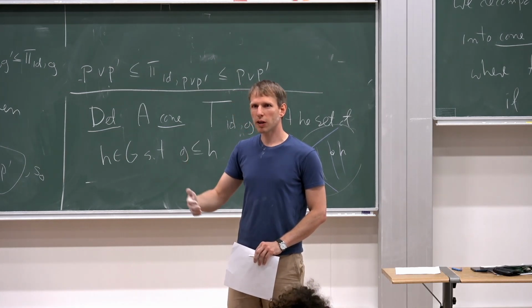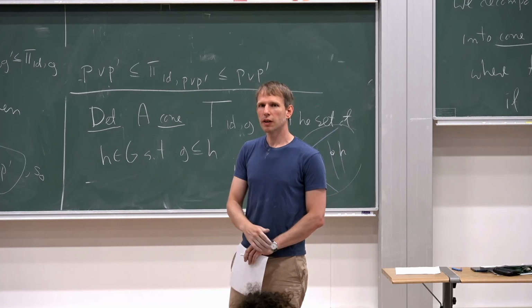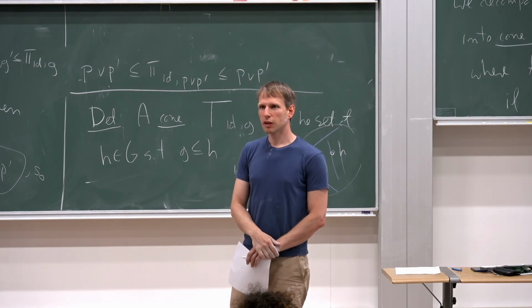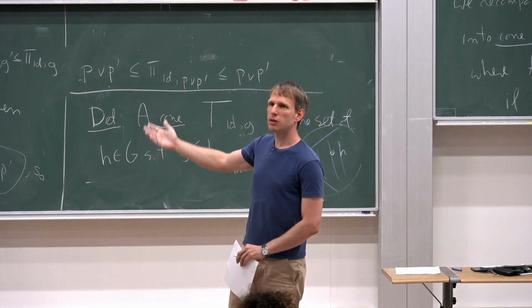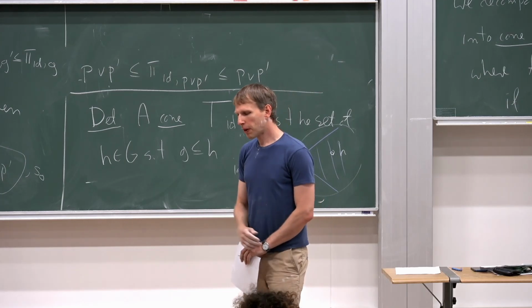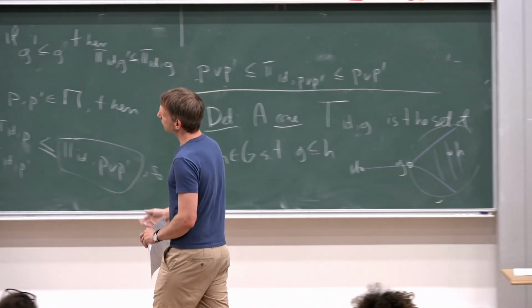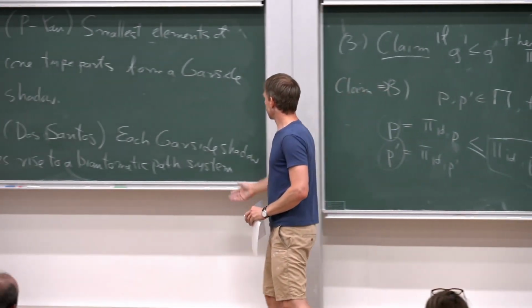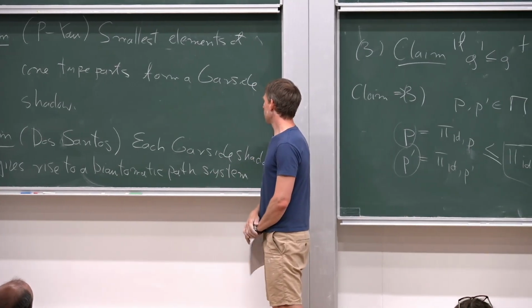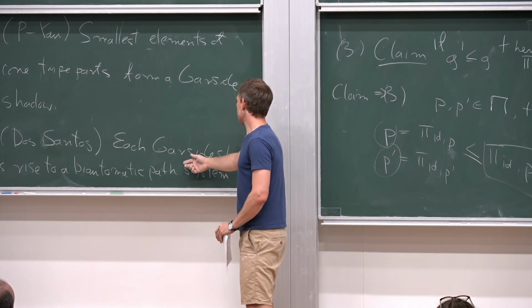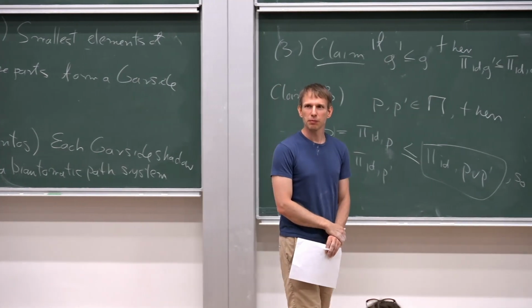In the paper with Damian, we have a one-page proof using CAT(0) geometry. But once you realize this Garside shadow viewpoint I showed you, it's immediate. But I think the main hope is that maybe you will be able to do more things using this cone-type partition path system.